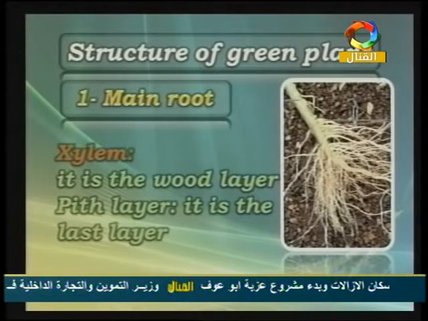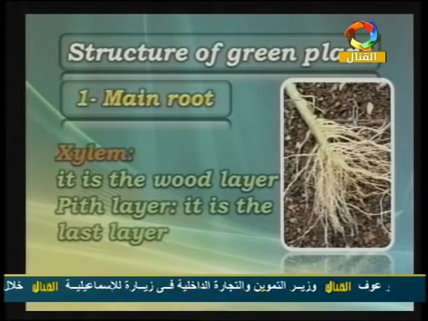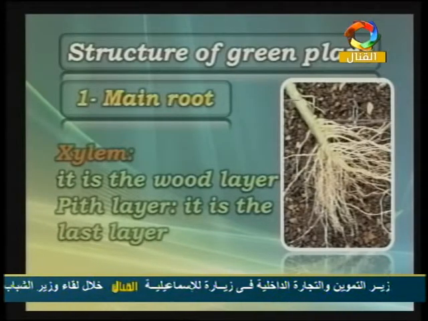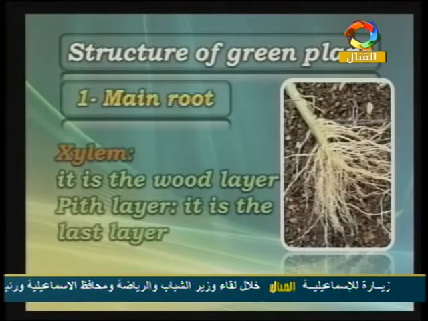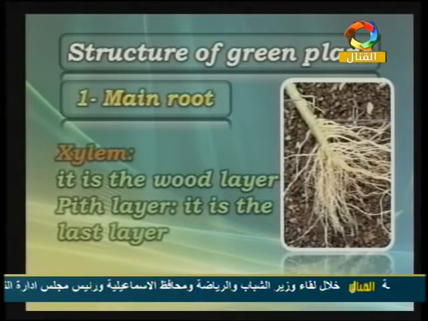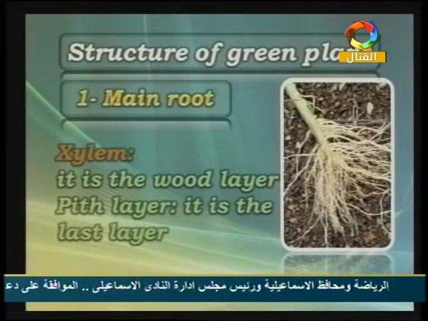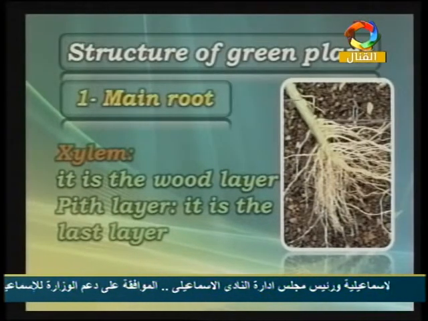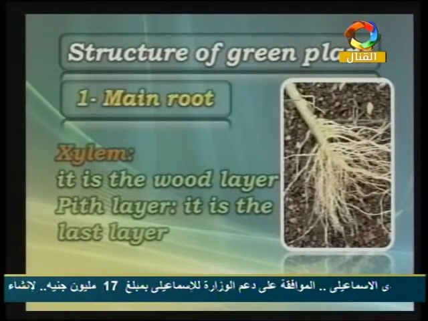And after that, we have the last part, we have the pith layer. Pith layer, it's the last layer inside the plant or inside the root or the main root. That's all of them that's absorb water and mineral salts from the soil and reach it to all parts of the plant. So the main root in last time, we have xylem, it's the wood layer.